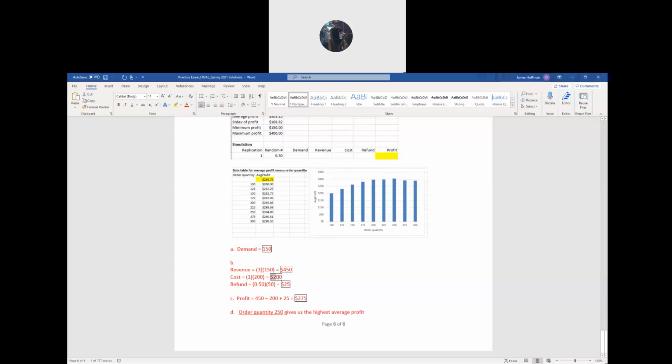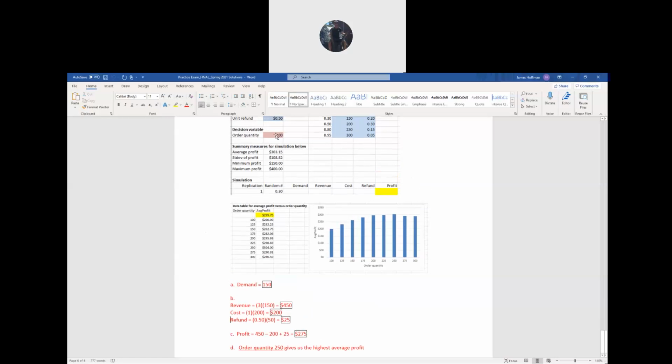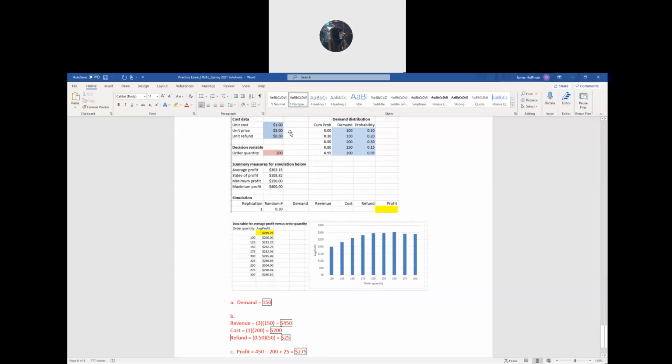cost of 200. And this time we do get a refund because we ordered too many, right? So see the difference? If we order more than demand, then we get a refund of the difference at 50 cents per calendar. We ordered 200, we sold 150, and the difference, 200 minus 150, is 50.